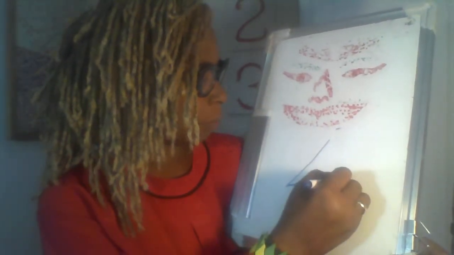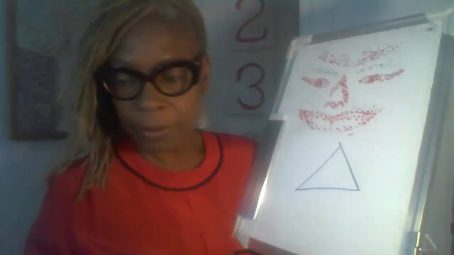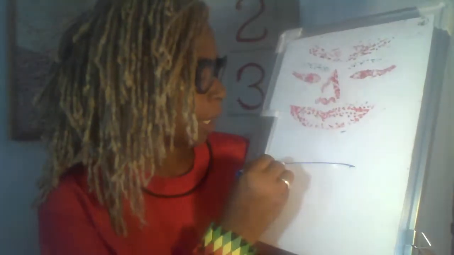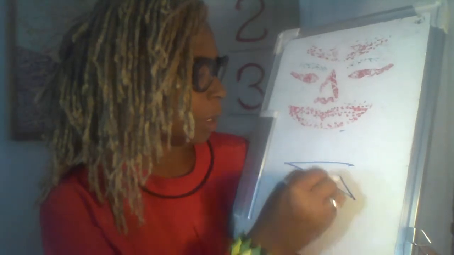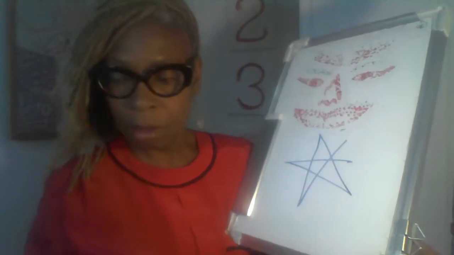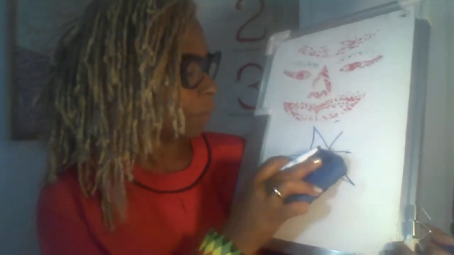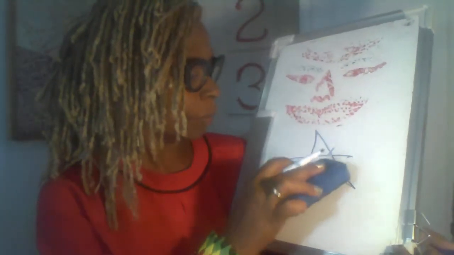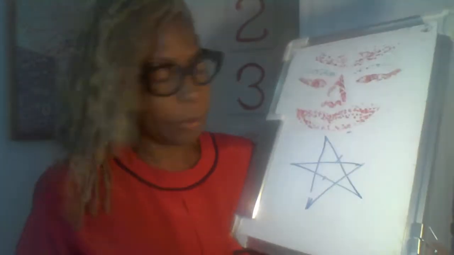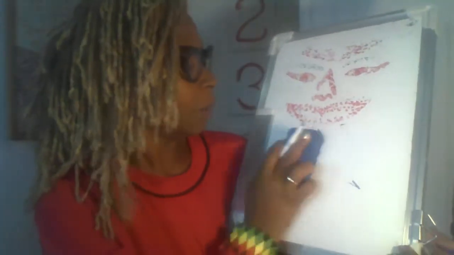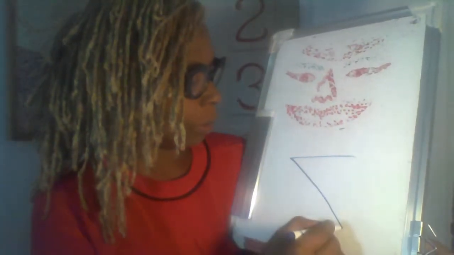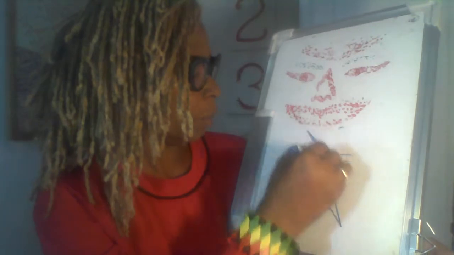Let's see. Am I doing this correctly? The five pointed star. Oh, this is funny. Okay. All right. This is the 5 pointed star. I've got 1, 2, 3, 4.